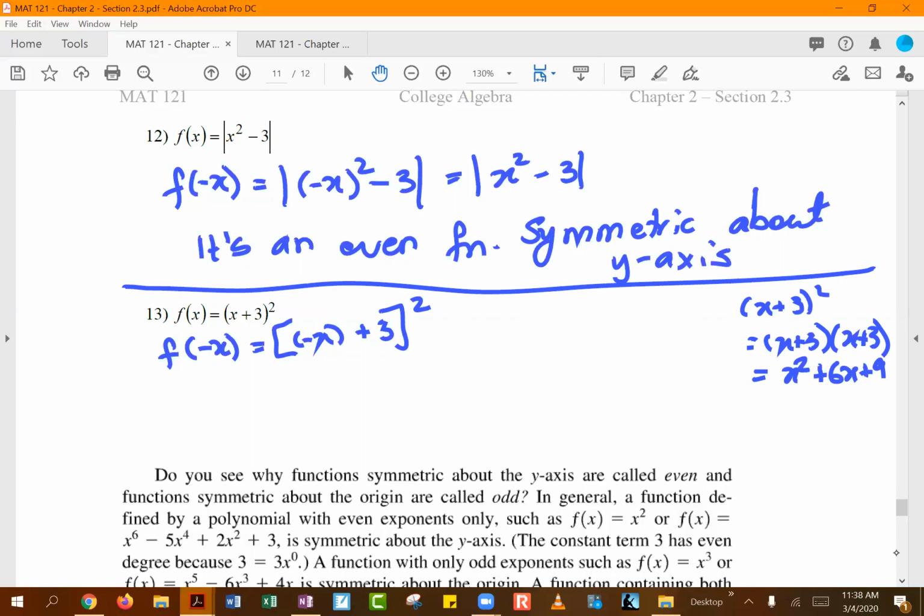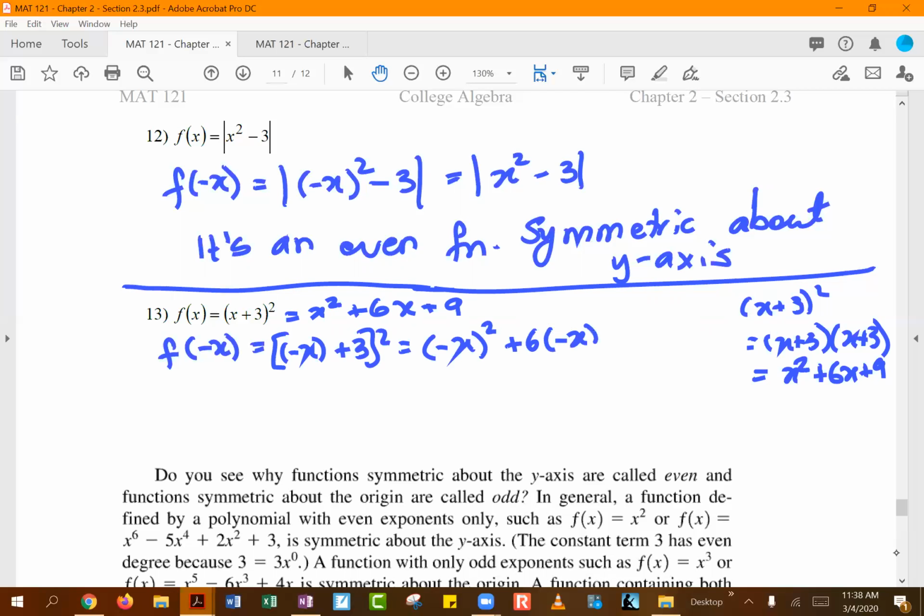Now if we make each x negative in that, it will become negative x squared plus 6 times negative x plus 9.